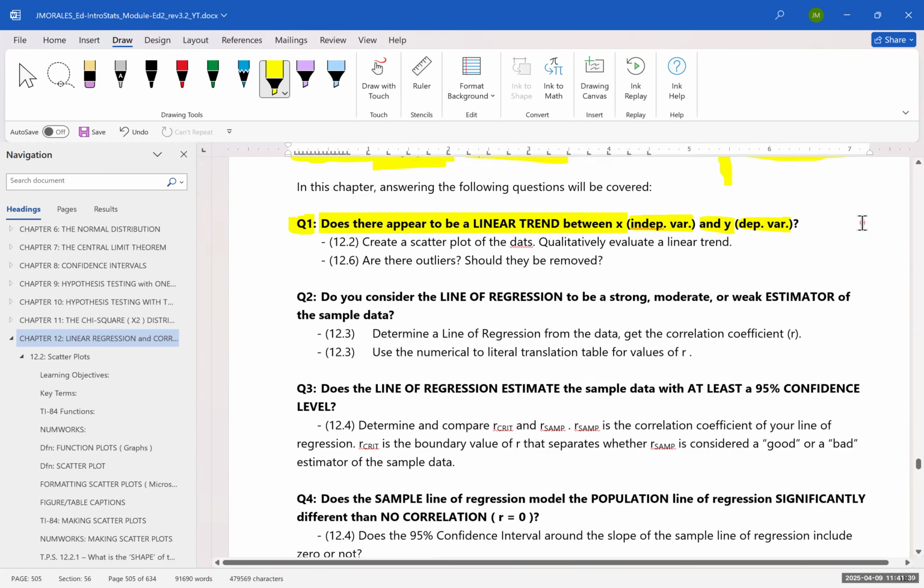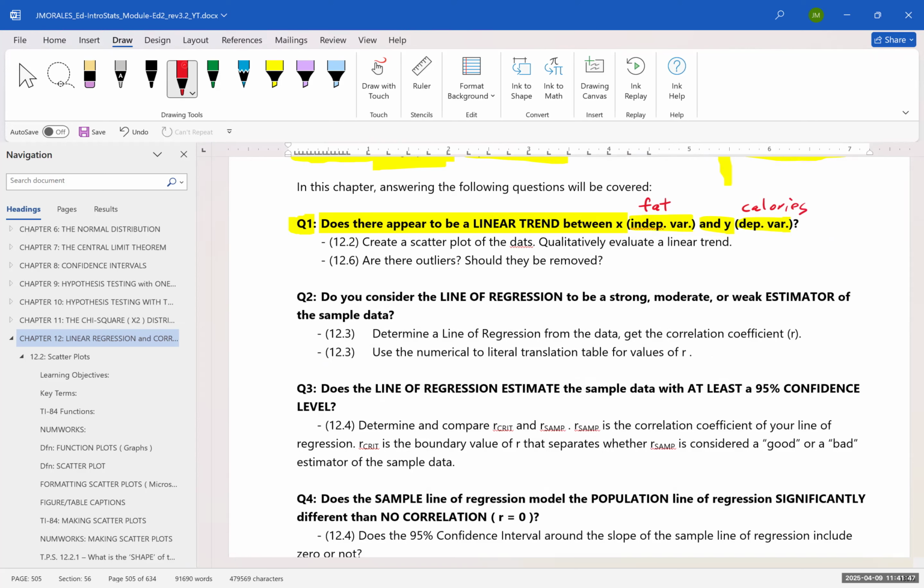The independent variable from the last example was fat, and the dependent variable was calories, right? Fat we had on the x-axis, calories we had on the y-axis. And so what we do is we create a scatter plot of the data.